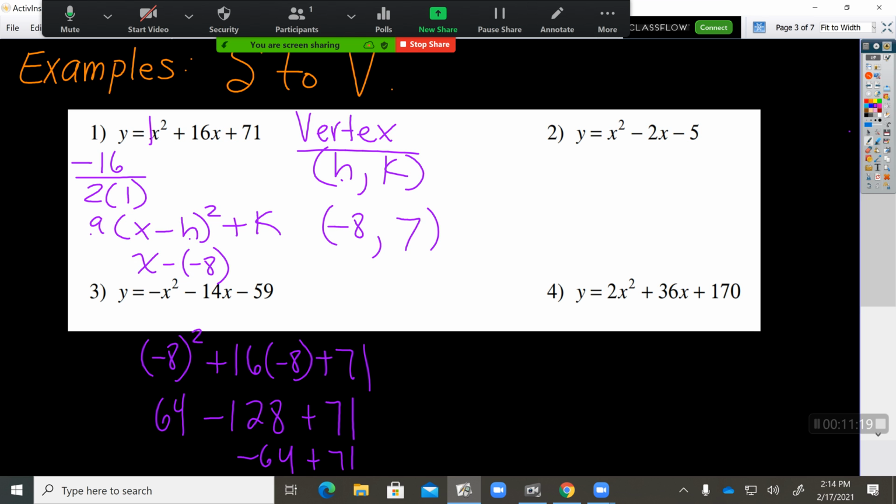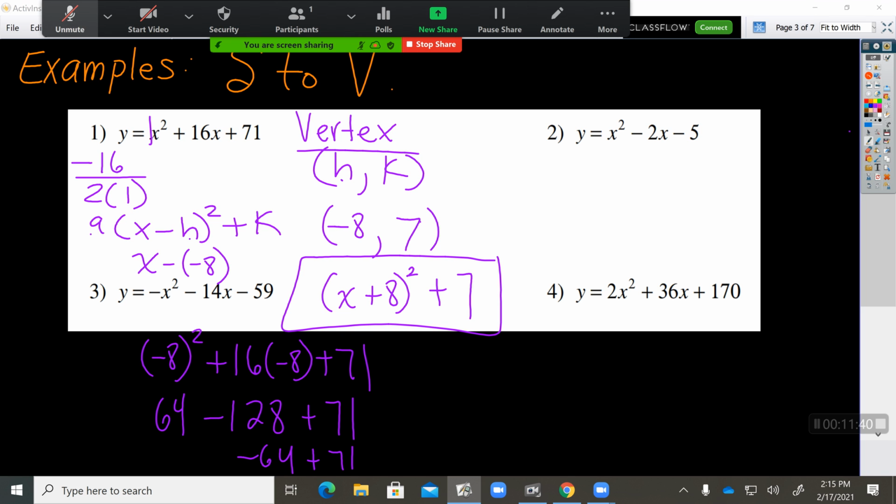It becomes plus 8. So now we have the final answer. X plus 8 squared plus 7. That number just comes down to the end because the k value does not change signs. Go ahead and copy it. I'll give you one more minute to copy this before the last example.